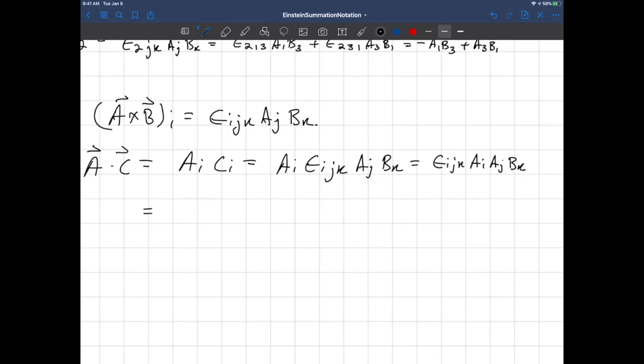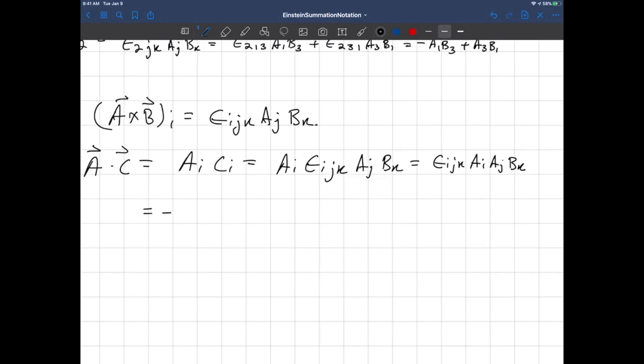First thing I'm going to do is swap the order of two of these indices in the epsilon tensor. Why? Because I know it's totally antisymmetric. And when I swap the order of those two terms in an antisymmetric thing, I'm going to produce a -1.